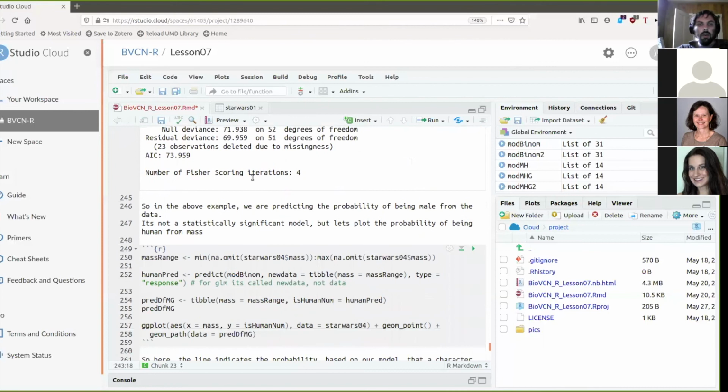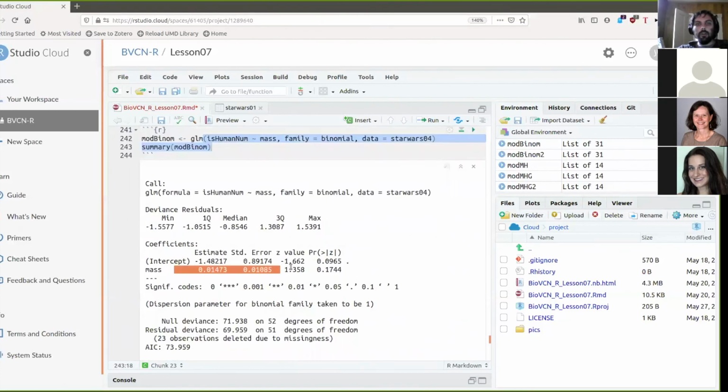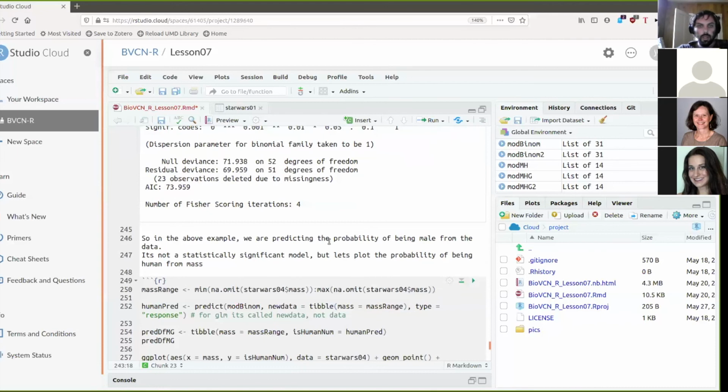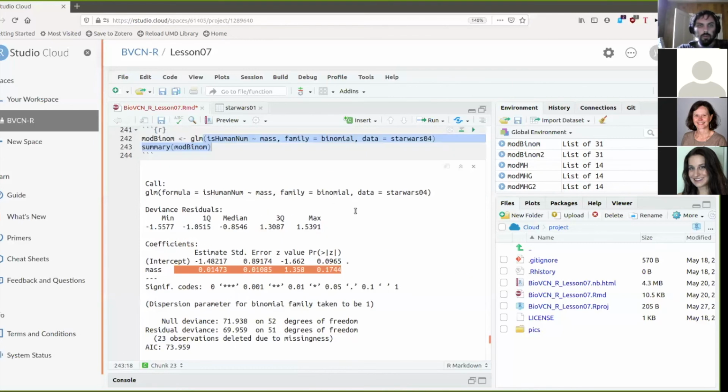What I'm going to get at now, though, is that a linear relationship between mass and whether somebody is human doesn't really seem to make a lot of sense, because the human mass is in the middle. So we can actually do a... what on earth?